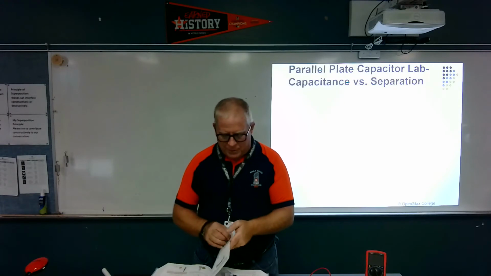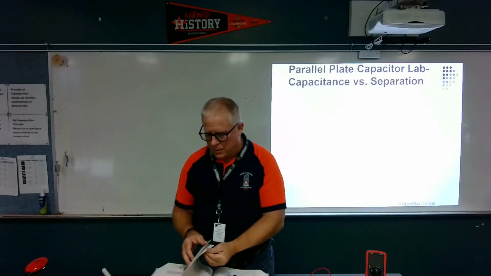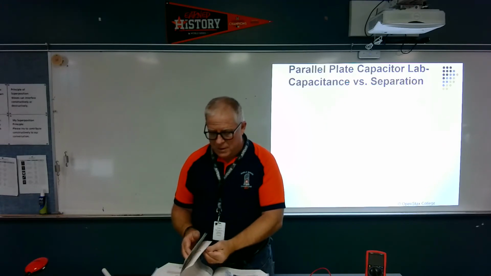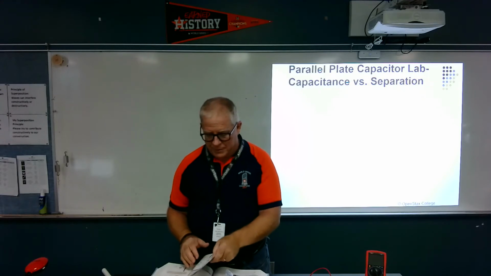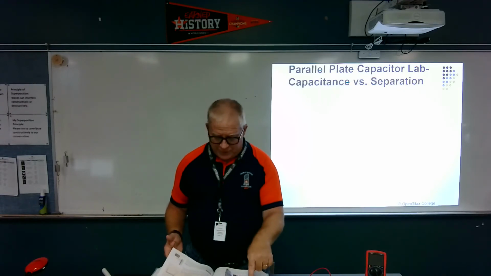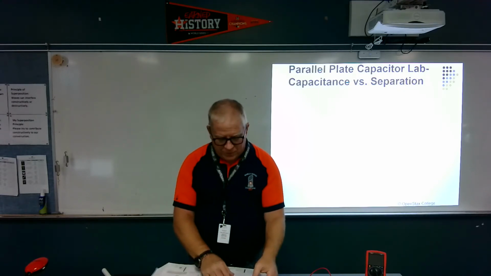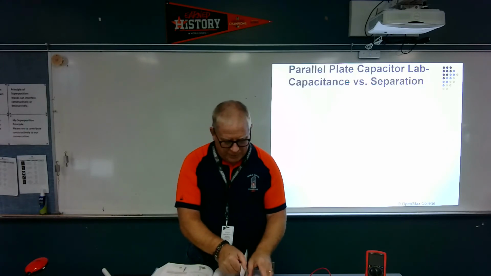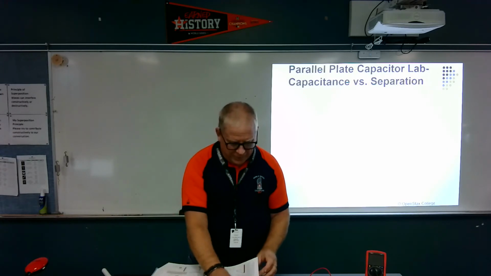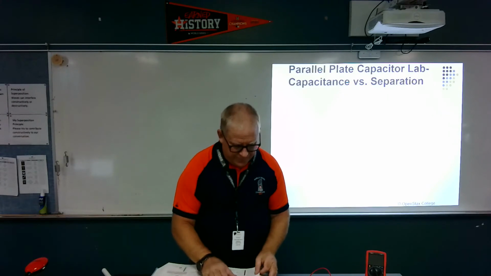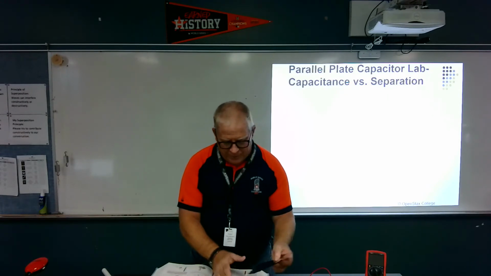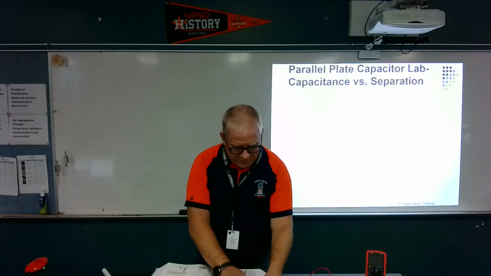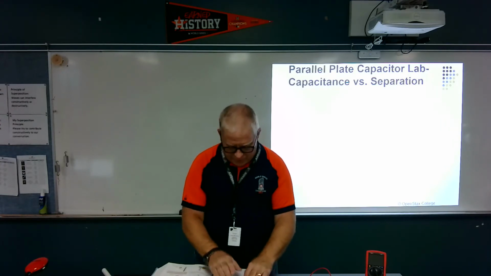What we're going to do is put a known number of pages in between the plates of a capacitor. Right now, I'm going from page 400 in this book to page 420. So that's 10 pieces of paper that are going to be in between the plates of my capacitor. I'll put the other plate over here, and I need to have a little bit of the plate sticking out of the book.